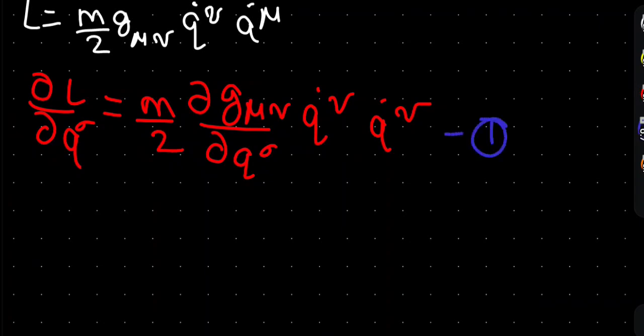Now the second equation is taking the derivative of this Lagrangian with respect to q dot sigma, and here g_{μν} acts like a constant.